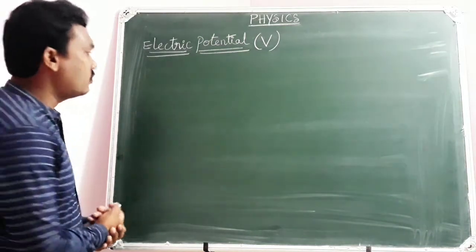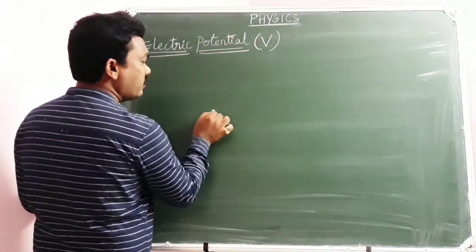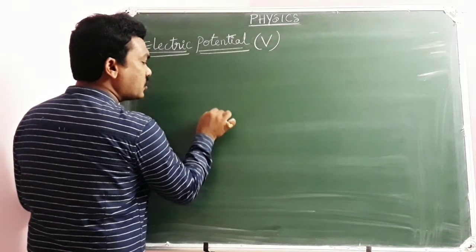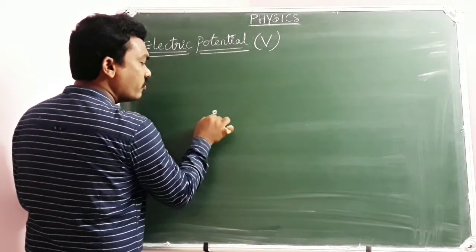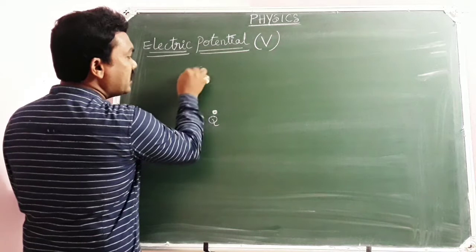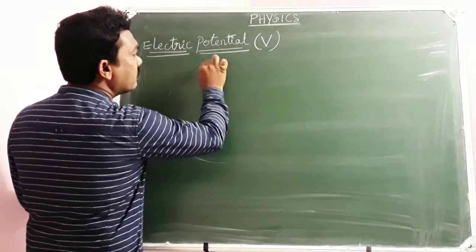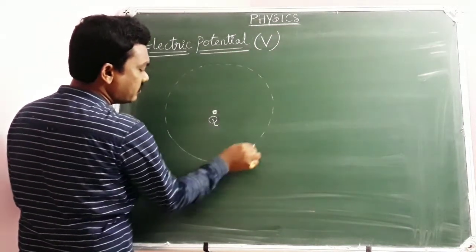To understand this, let's look at this diagrammatic representation. Here there is a source charge Q, due to which there is an electric field around it.